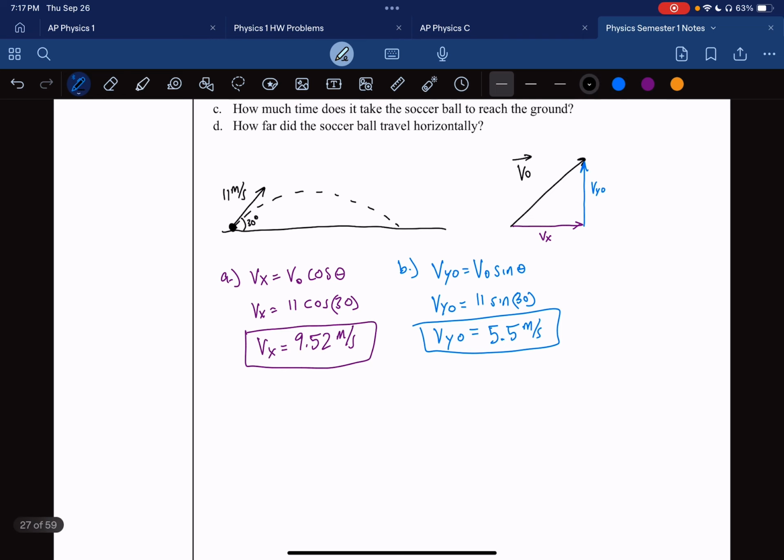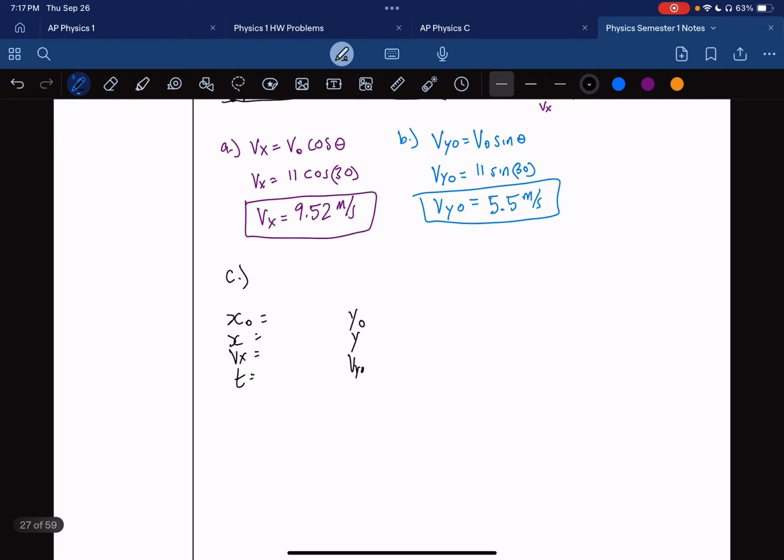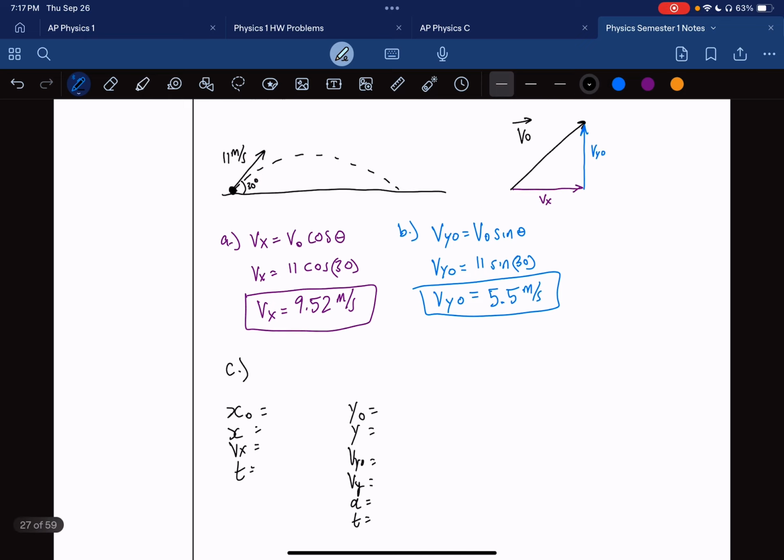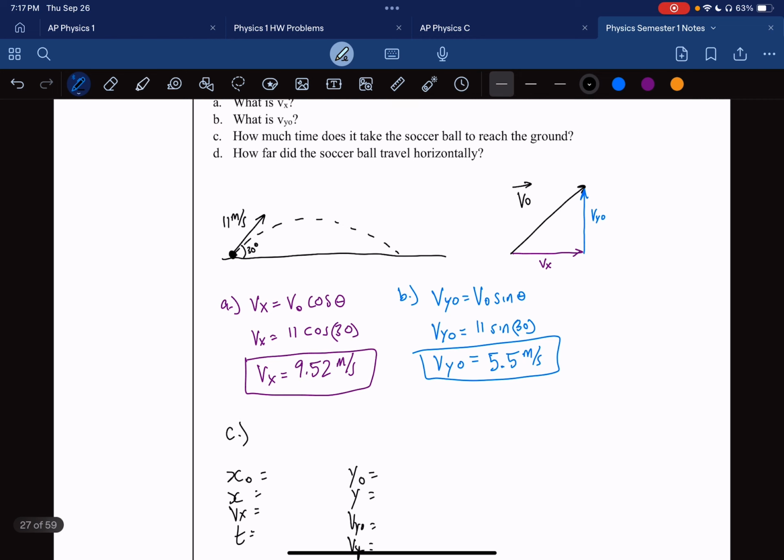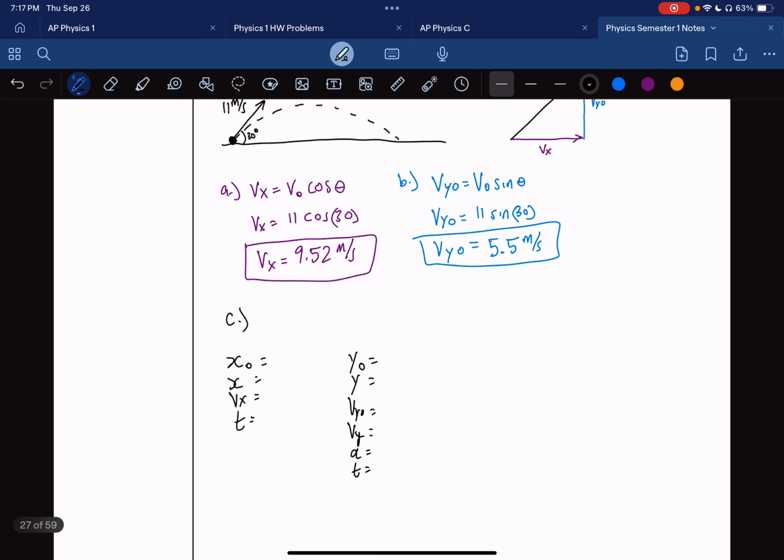Now part C. We need our two lists: x naught, x, vx, t; y naught, y, vy naught, vy, a, t. X naught is usually 0. It's the starting point of the soccer ball.